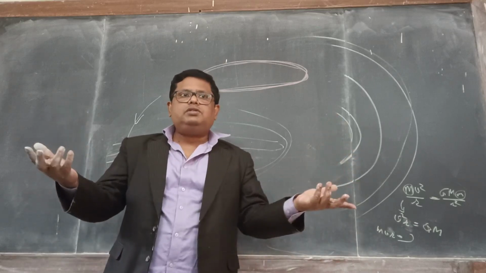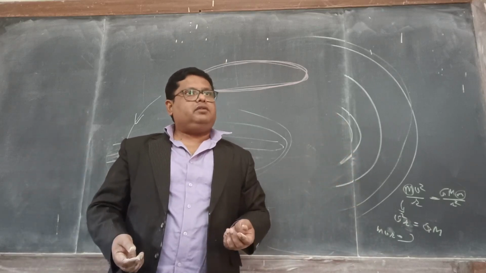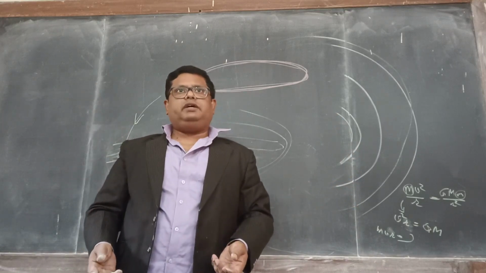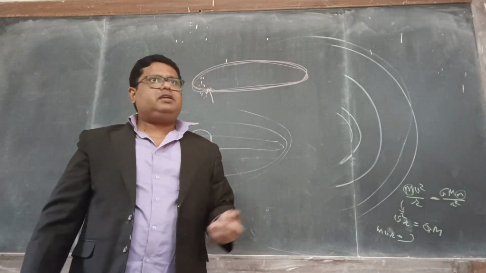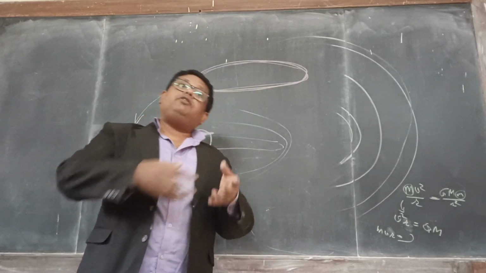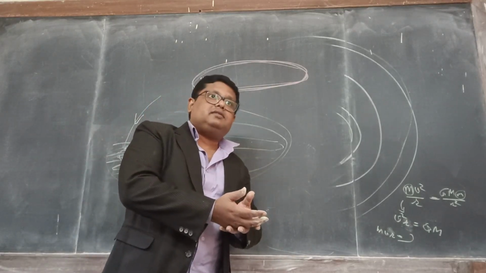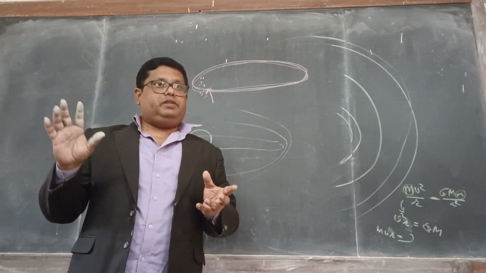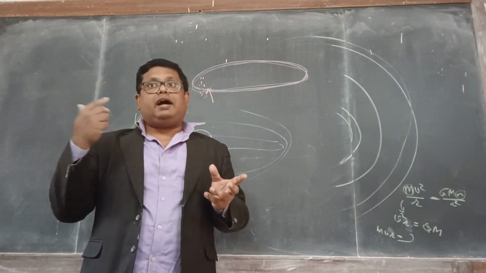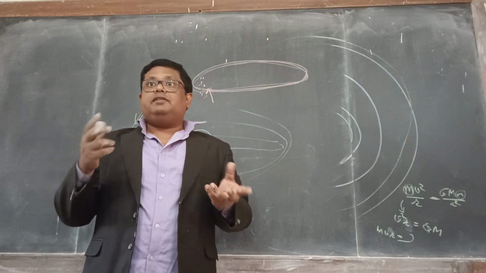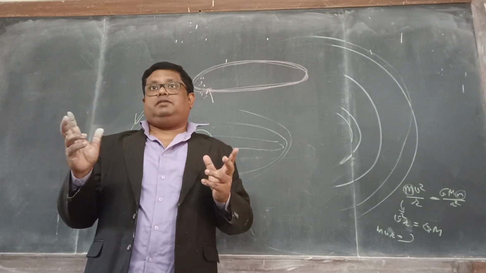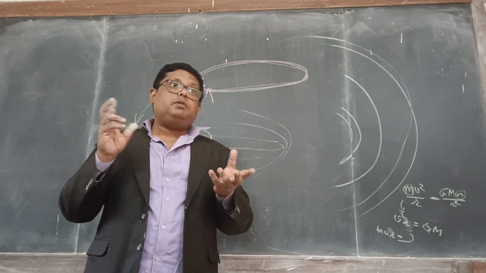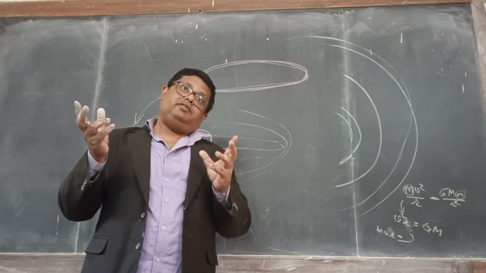There is no reason to believe that they are neutral, right? Who has guaranteed that only atoms and molecules will be there and not just ions? There is no guarantee. So there will be neutral atoms, molecules, as well as ions. Now if I am talking about ions and electrons, then this is basically a plasma orbiting, right? So this means there will be magnetic field involved.